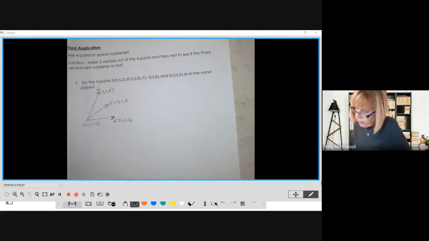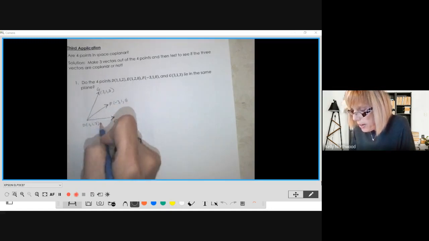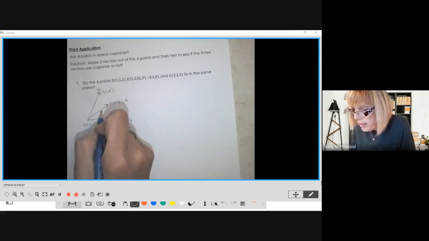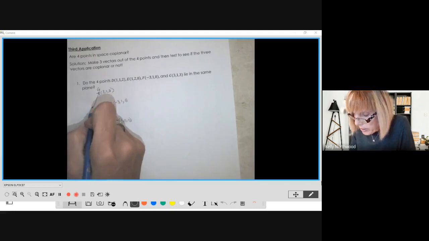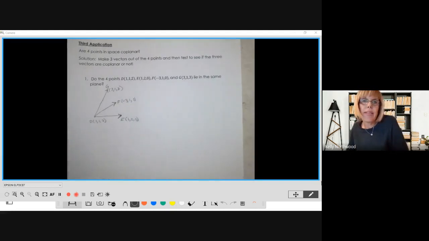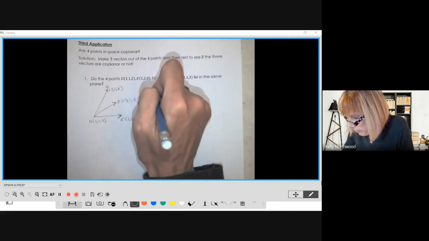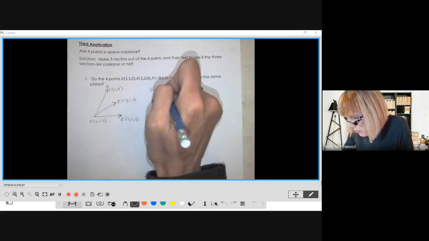And so I'll find the cross product of vectors DE and DF. And if that cross product is perpendicular to DG, then all 4 points are coplanar. If not, then they're not. So first let's find vector DE, and we want to cross it with vector DF.